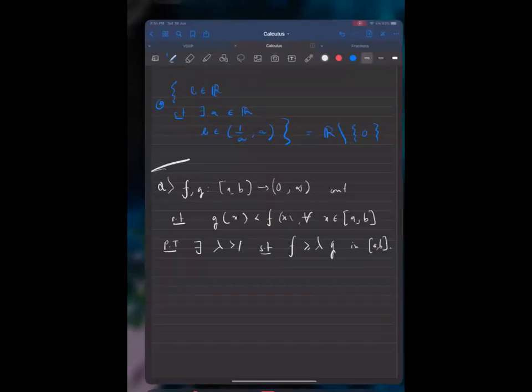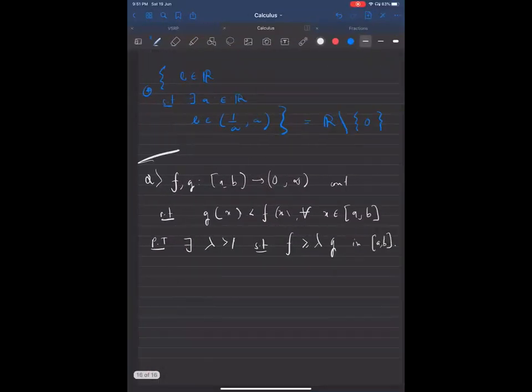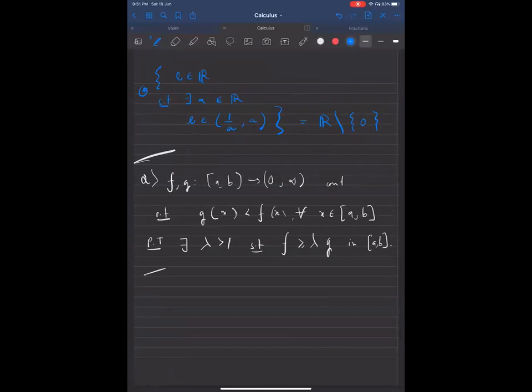So h of x will be a continuous function in a closed interval, so it should attain a maximum value, and after that we can just define lambda such that f x is greater than or equal to lambda g, like that.